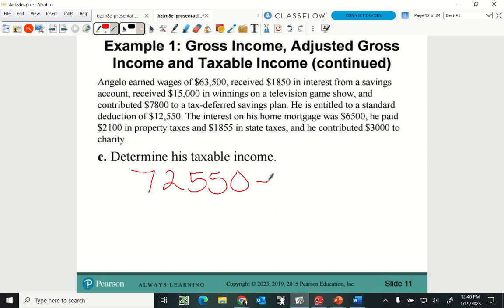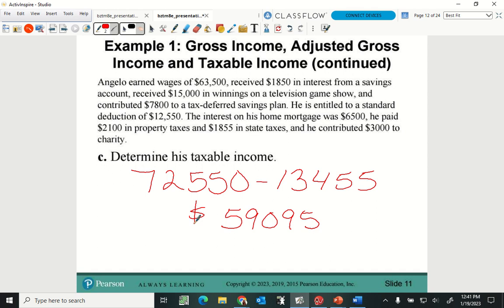What was the total deductions I'm going to subtract? 13,455. So now my taxable income is going to be 59,095.